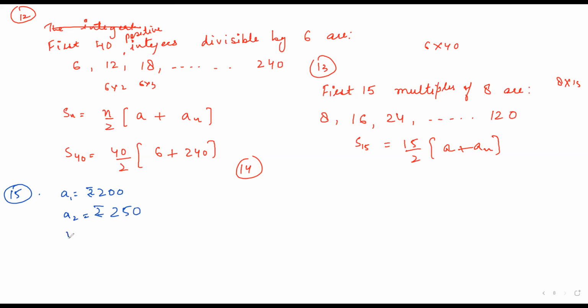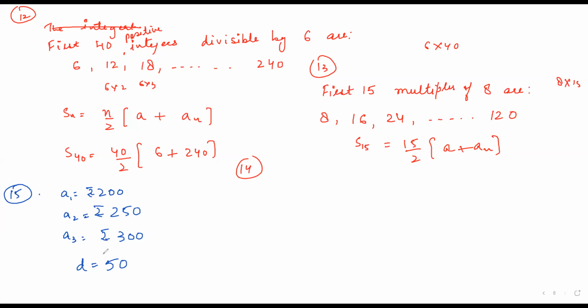Rupees 300, that means the third is rupees 300, like that. The penalty for each succeeding day being rupees 50 more than for the preceding day. So every day the penalty is increasing by rupees 50. So that means D is 50, correct? Or you can subtract and see that your D is 50.